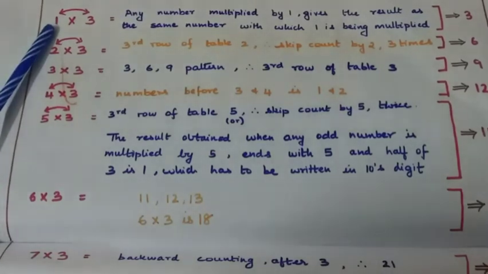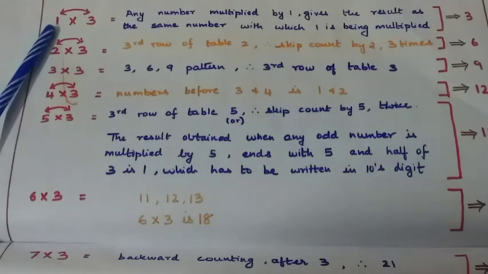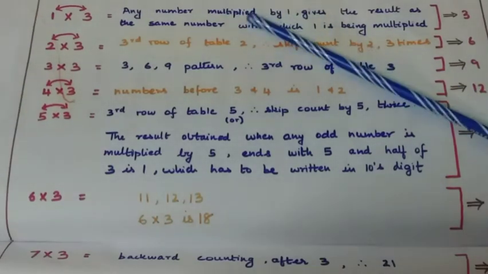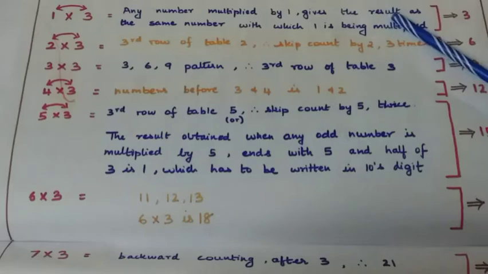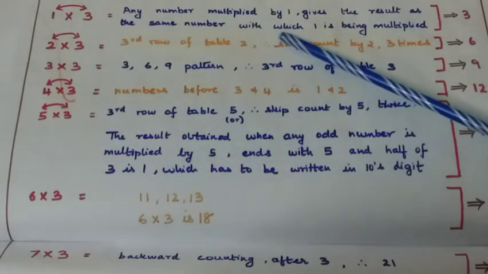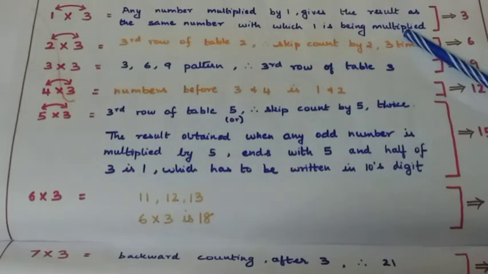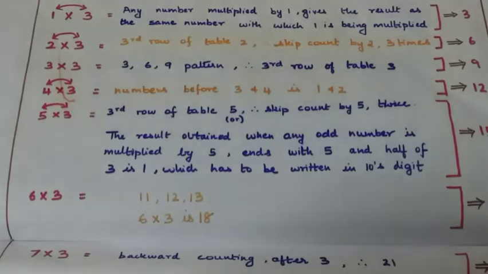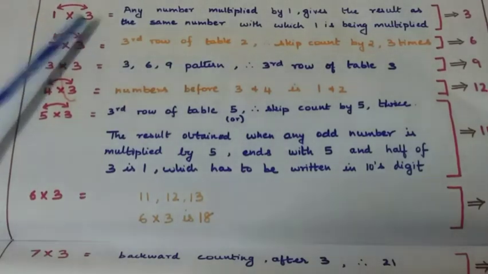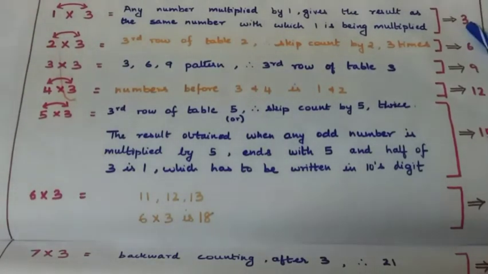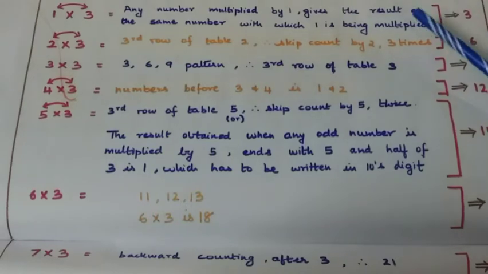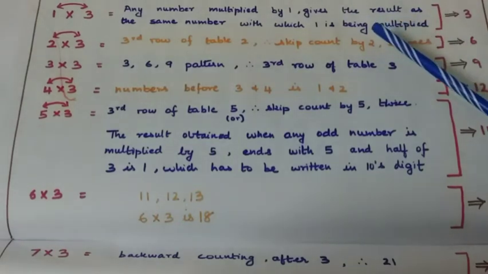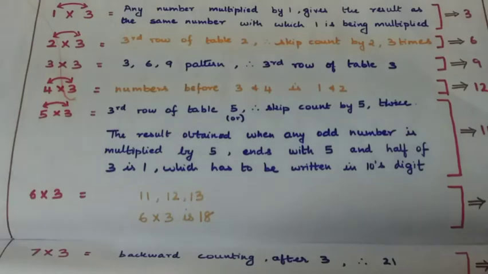So you can use the rule that we use for table 1, which is any number multiplied by 1 gives the result as the same number with which 1 is being multiplied. So since 1 is being multiplied by 3, the result is going to be the same 3. Since we have already learned table 1, the first row of table 3 need not be memorized again.